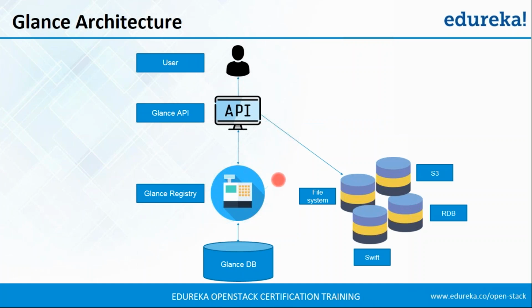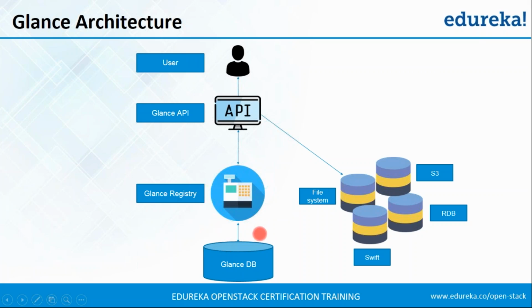Okay, so let's move on to our Glance architecture. The Glance registry is connected with the Glance database, and the API also connects with different file systems, with the object storage service, which is Swift, and S3, and the relational database also. These storage systems will actually store the images in Glance.